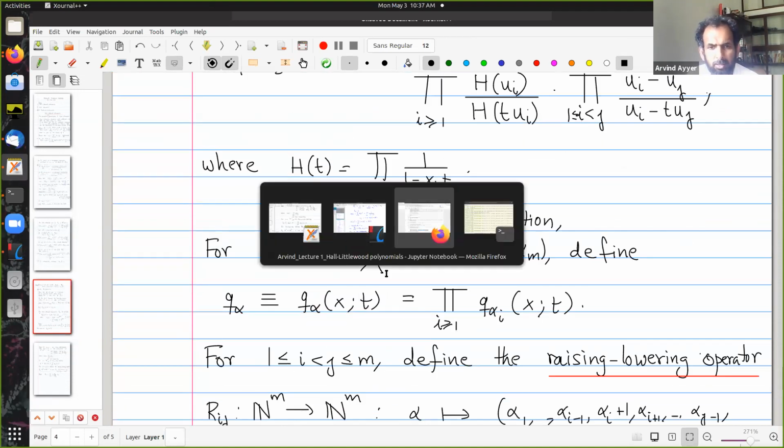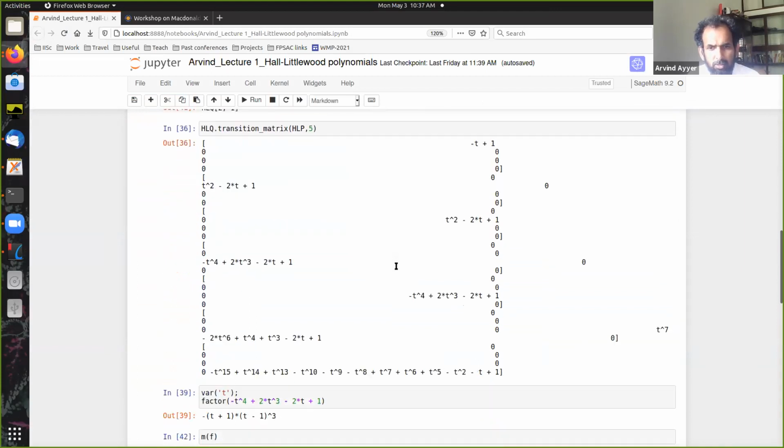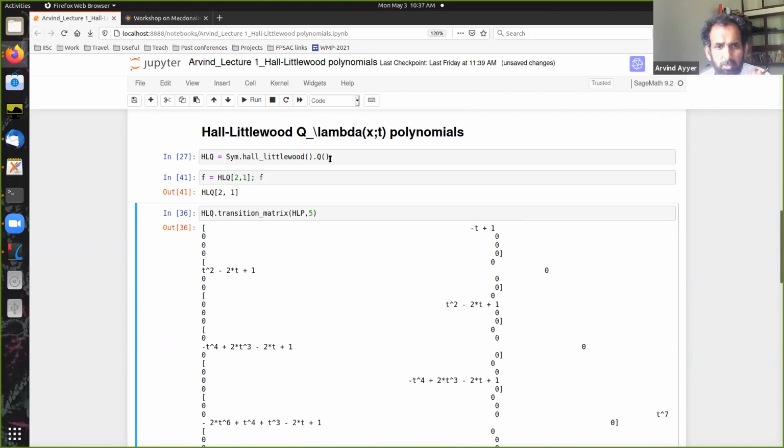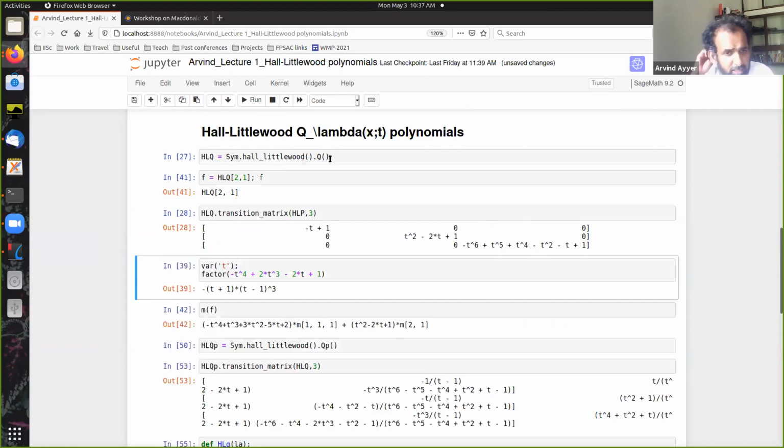Okay, so I wanted to show how to use Hall-Littlewood Q polynomials also. So here I defined them using HLQ. Again, sim.hall_littlewood.q gives you the Hall-Littlewood Q polynomials. I can show you the transition matrix, let's say in 3, with respect to the Hall-Littlewood P polynomials, and you'll see that they are just diagonal matrices because they're just defined that way.